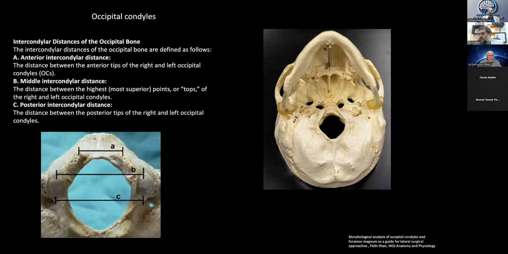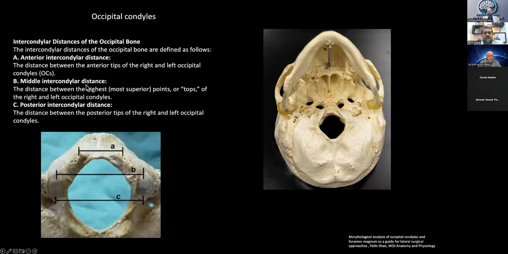Occipital condyles, the intercondylar distances of the occipital bone. The intercondylar distances are defined as follows. Anterior intercondylar distance, in here, letter A, the distance between the anterior tips of the right and left occipital condyles.